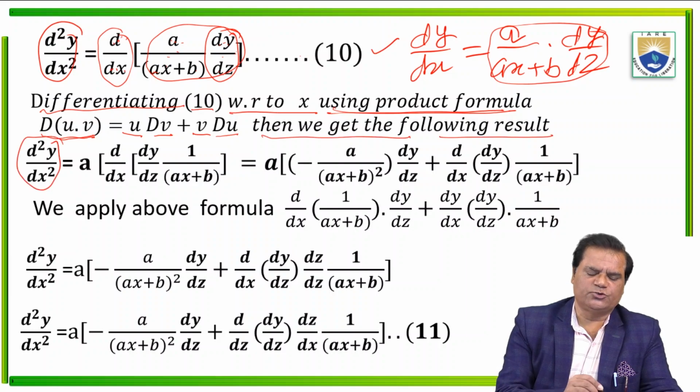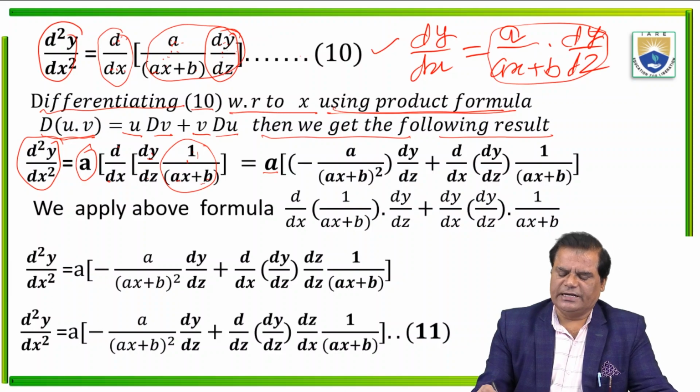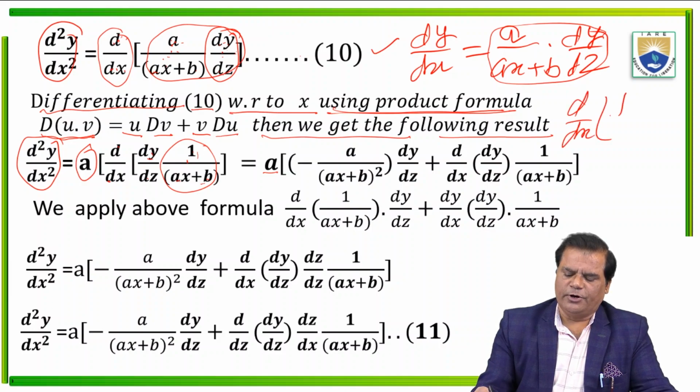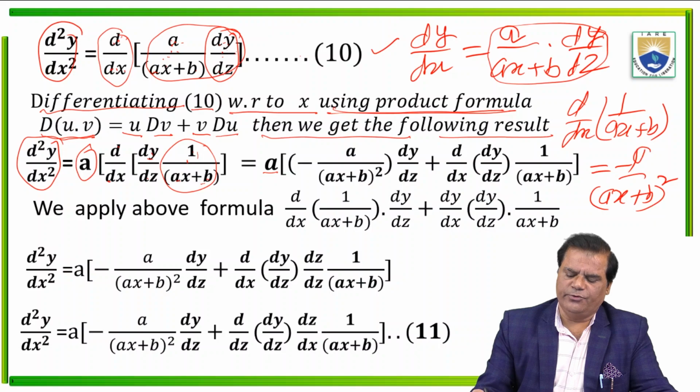So here in d2y over dx2, a is constant and is taken out. We apply the product formula: first d over dx of 1 upon ax plus b, multiplied by dy over dz.